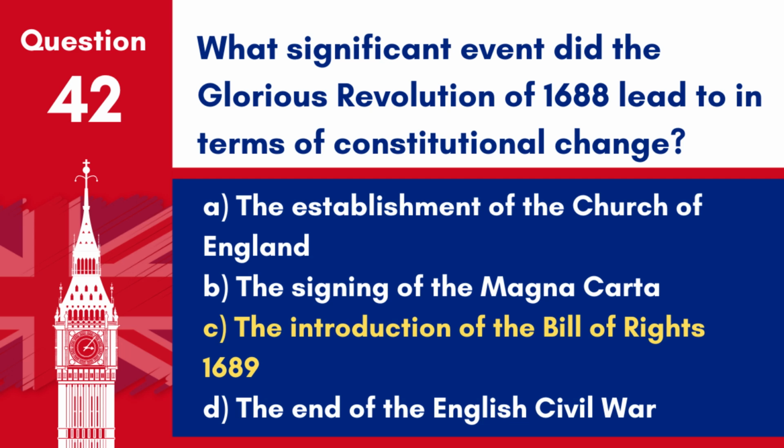Answer: C. the introduction of the Bill of Rights 1689. The Glorious Revolution led to significant constitutional changes, including the introduction of the Bill of Rights 1689, which laid down limits on the powers of the Crown and set out the rights of Parliament.